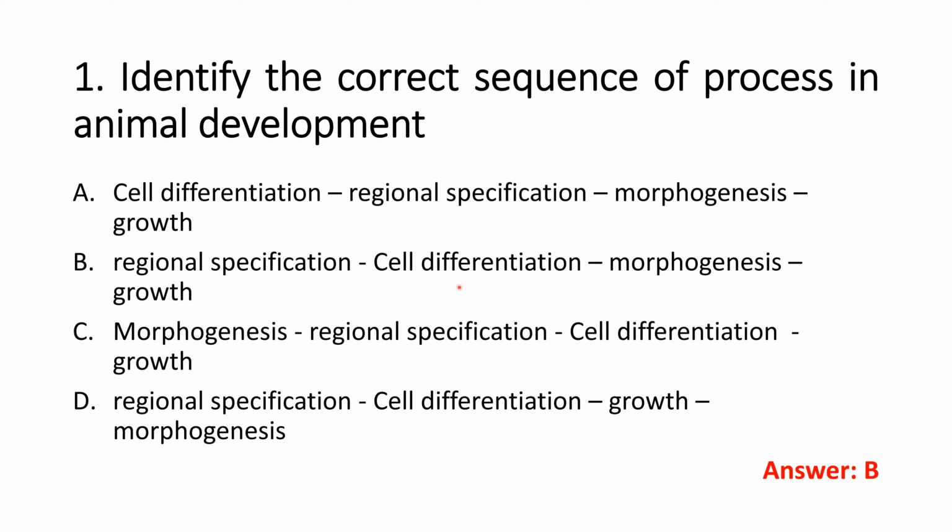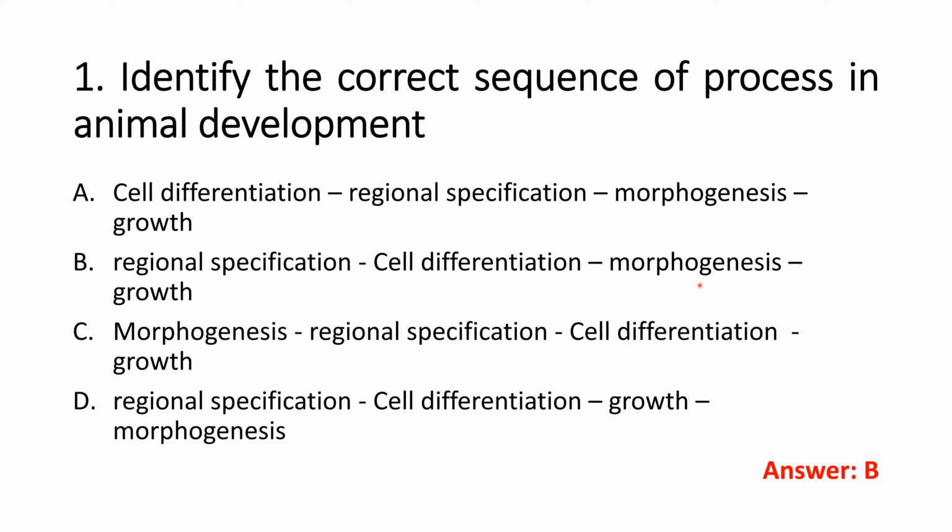Cell differentiation is the process by which unspecialized or pluripotent cells become specialized and take on specific functions. So during cell differentiation, cells take on different functions. Coming to the next in the sequence, that is morphogenesis.